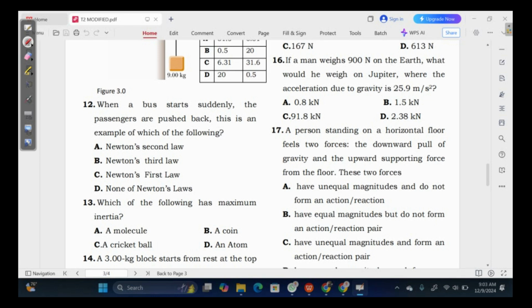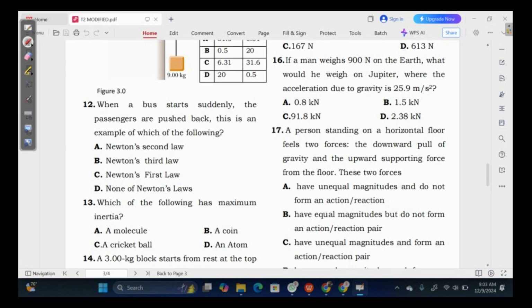Now, I want you to understand one thing. Even if someone goes from Earth to Pluto, to Jupiter, to anywhere, the mass does not change. The weight is going to change due to the acceleration of gravity, but the mass will not change.